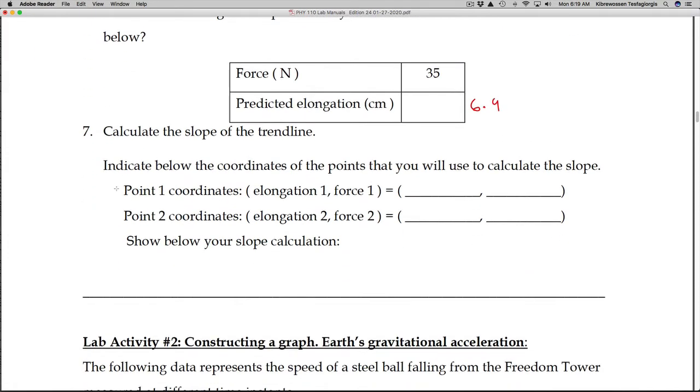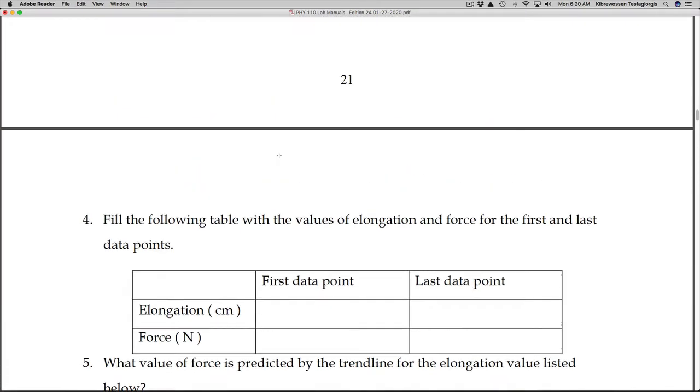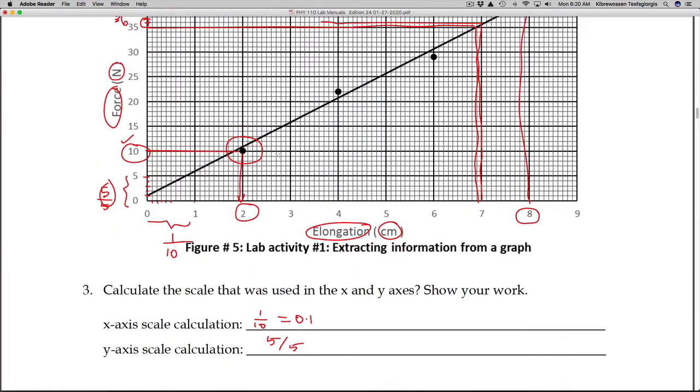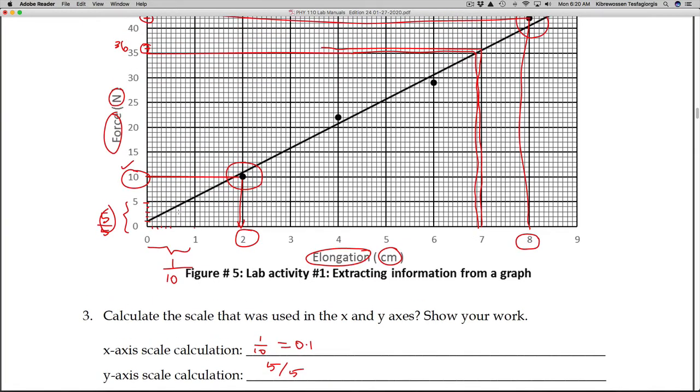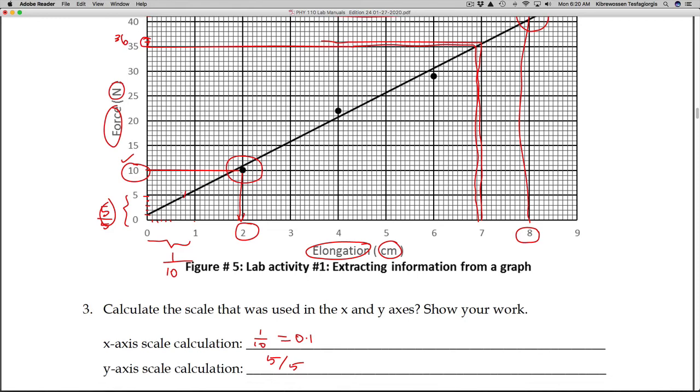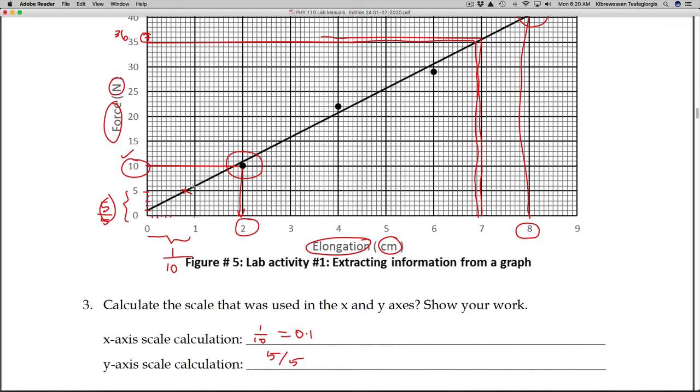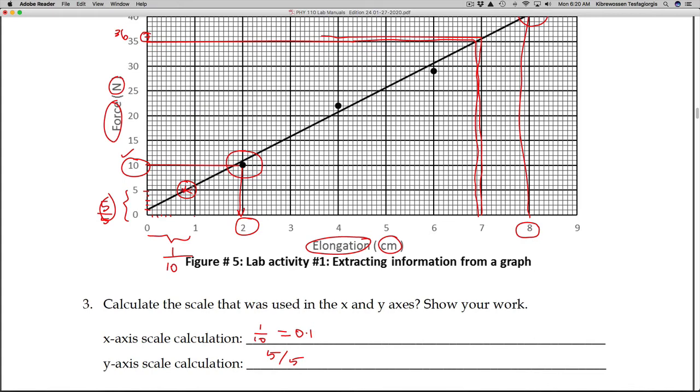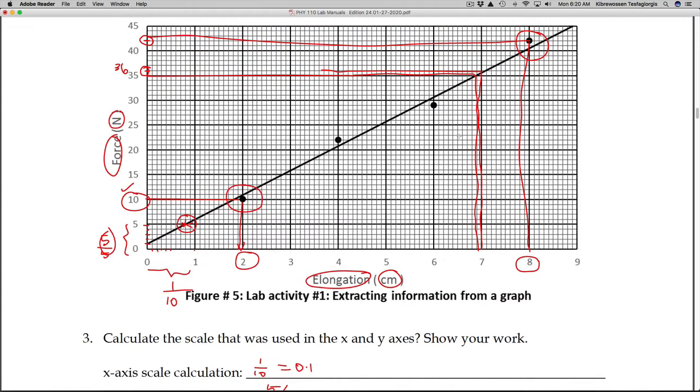Then you will need to calculate the slope of the trend line. The slope must be calculated by picking 2 points on the graph. I may prefer to choose one point, which I'm representing with a star, and then I will pick another point that is convenient on the graph, maybe this.